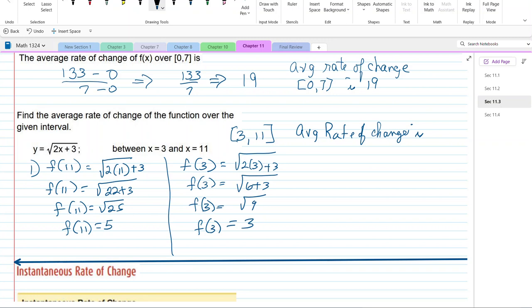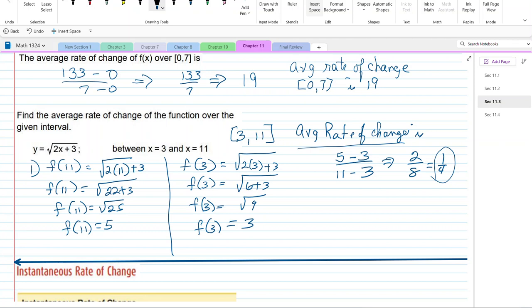All right, now I'm going to put in my values, the 5 minus the 3 divided by 11 minus the 3. And I'm going to have 2 over 8, 1/4. All right, so my average rate of change is 1/4.